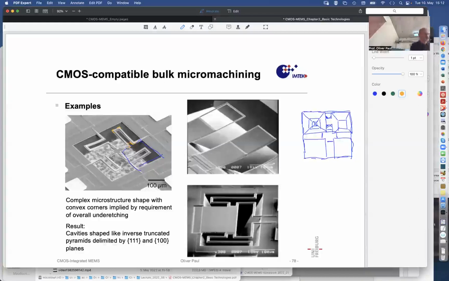And convex corners are absolutely useful here. And the same happened here. Without those convex corners, if I had continued those structures to the other side, we would have had separate cavities here and here. And because we have these convex corners, it could under etch and make one big cavity over which these cantilevers are suspended.